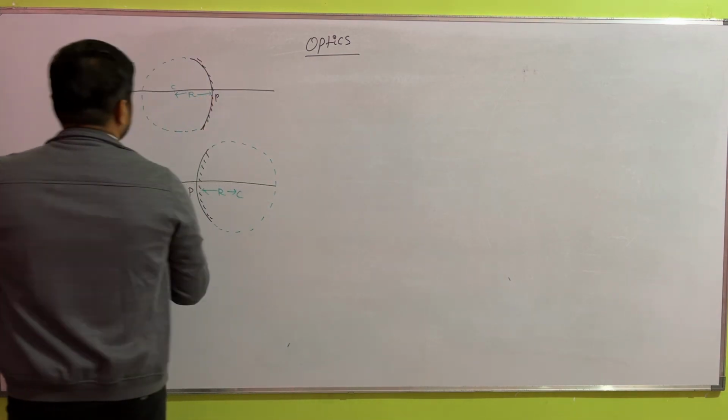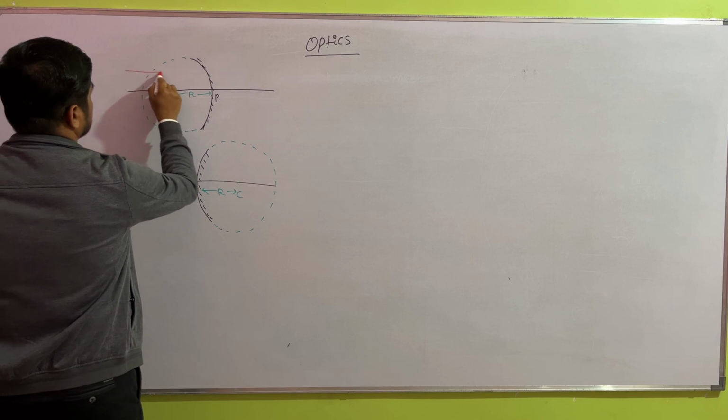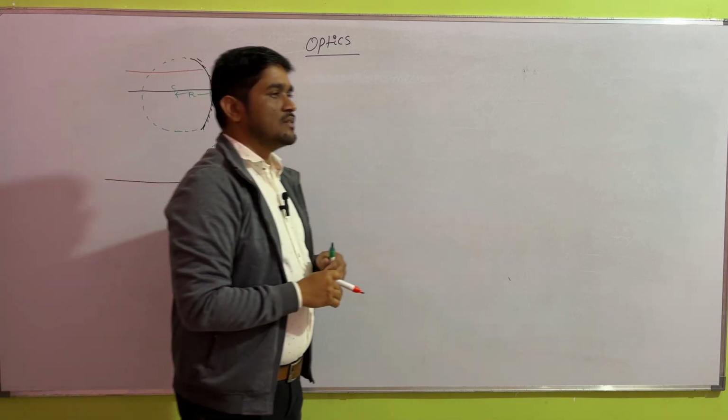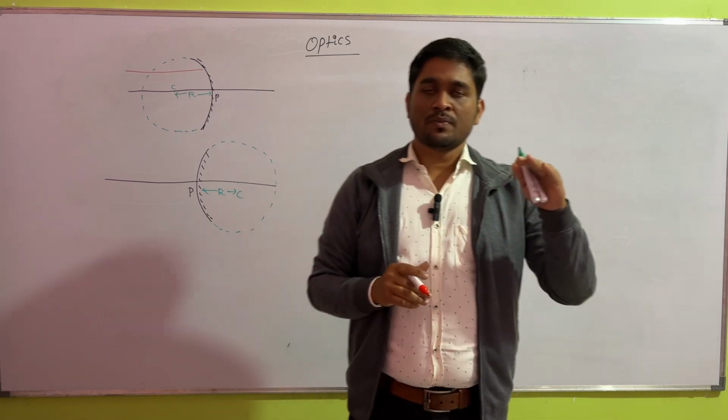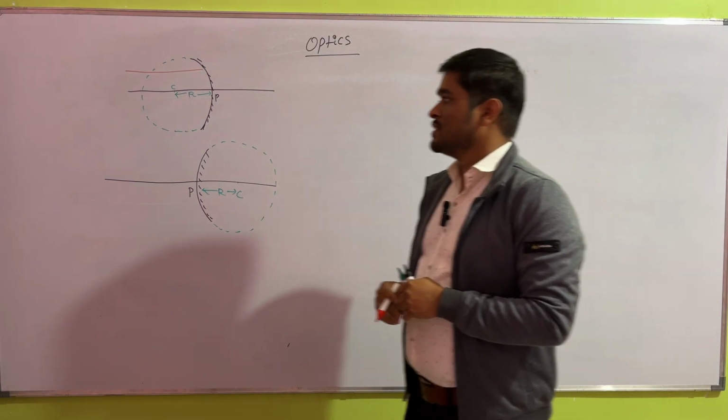Then if you imagine a ray of light comes from infinity, you have to take them as parallel to the principal axis.